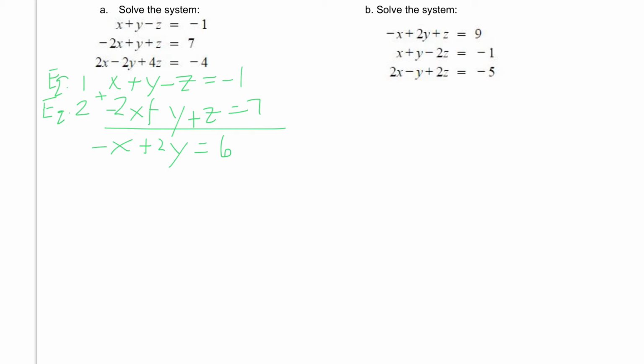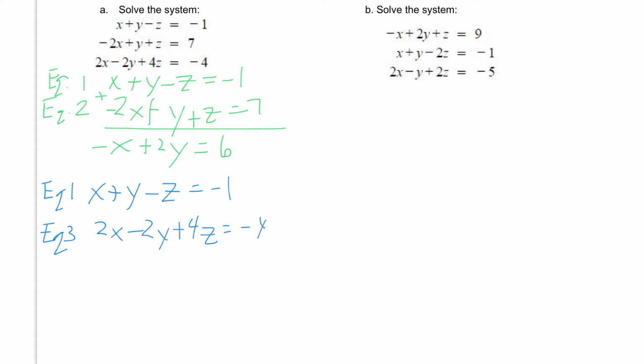So now, if I choose equation 1, I have still x plus y minus z equal to negative 1. And then I'm also going to choose equation 3. And equation 3 is 2x minus 2y plus 4z equal to negative 4.